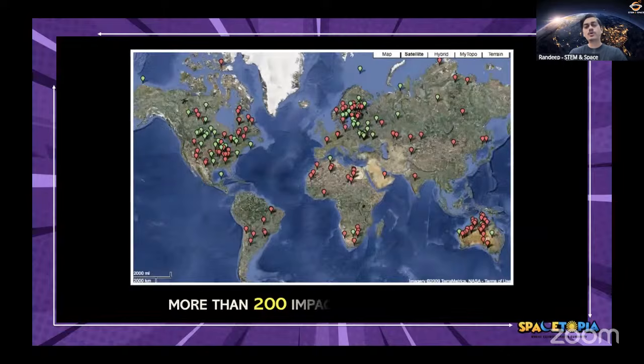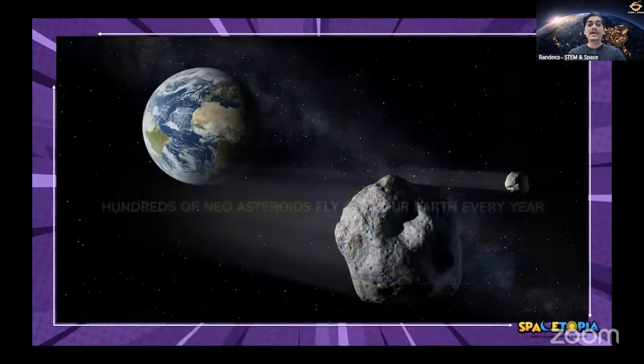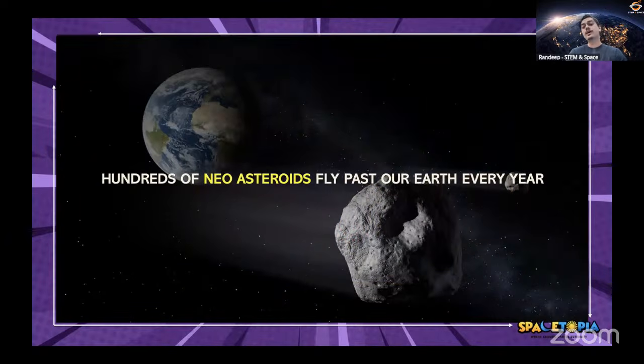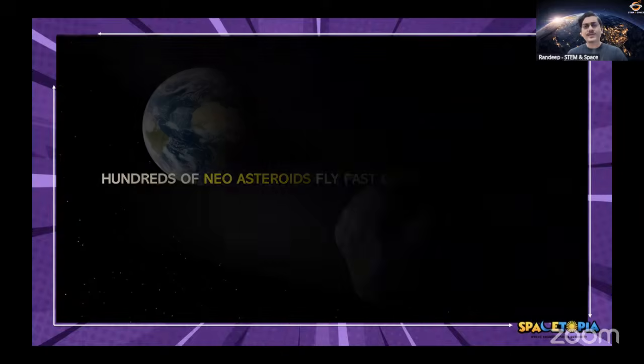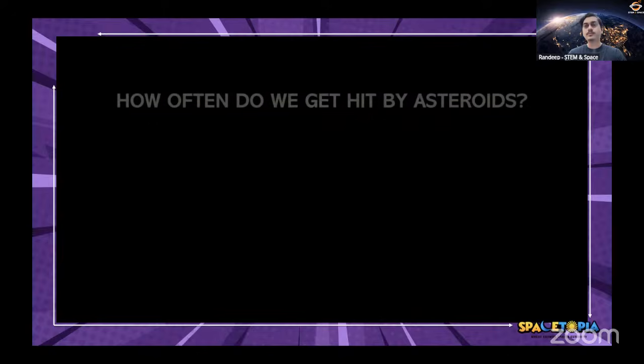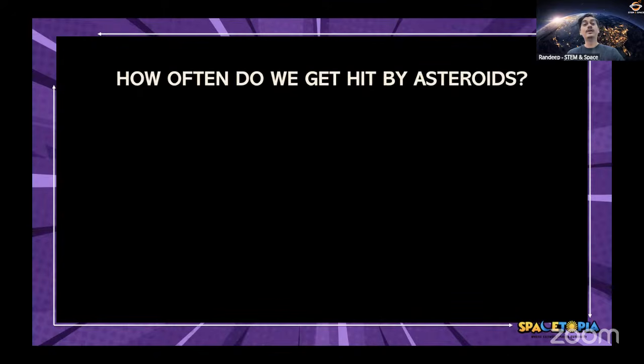Today, we have over 200 impact craters on the Earth which have been created by asteroids. Hundreds of near-Earth asteroids fly past our Earth every year, and many of them do come down on Earth, but they get burned out due to the atmosphere. But there are situations where asteroids do come down on the Earth. They do not get completely burned up by our atmosphere.